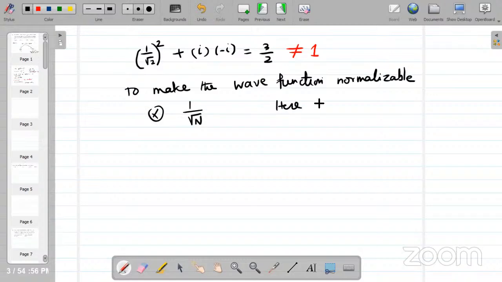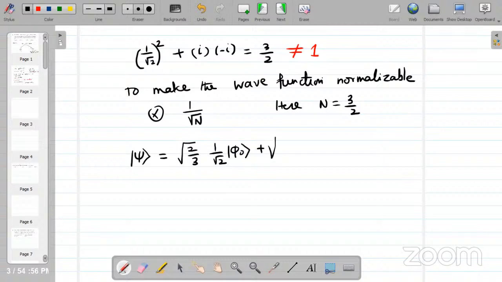Here n is equal to 3 by 2. So we have to multiply everywhere by 1 by root n, which means we have psi equal to root 2 by 3 times 1 by root 2 phi naught plus root 2 by 3 times i phi 1. Isn't it? Am I correct?